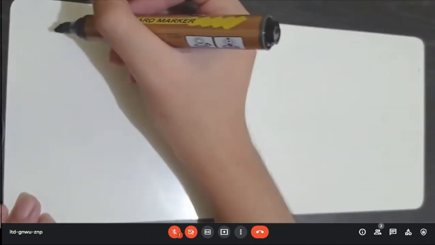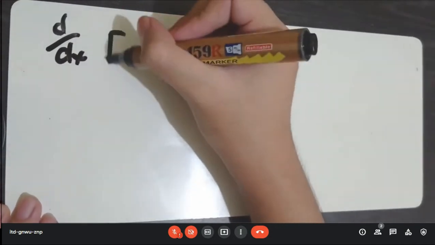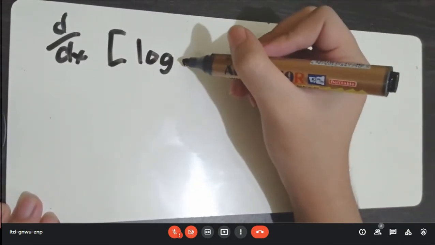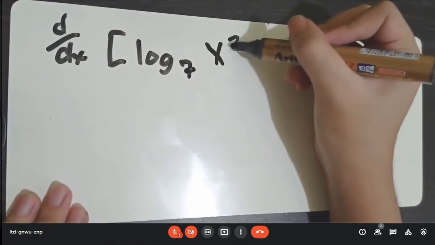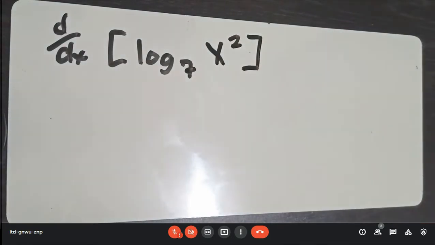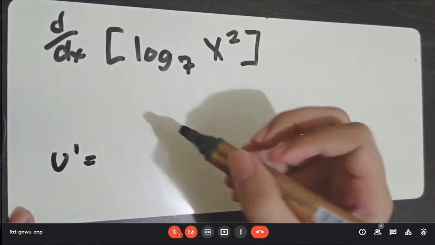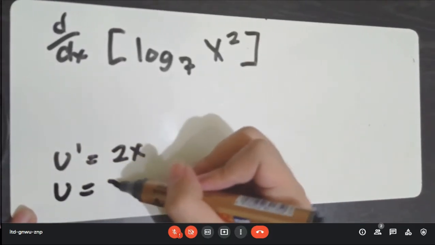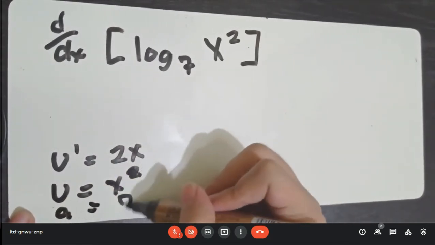Next example. What is the derivative of log base 7 x squared? So the u prime here is 2x and the u is x squared and the base is 7.